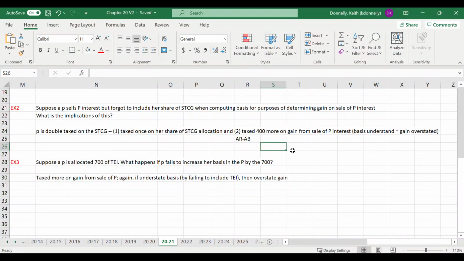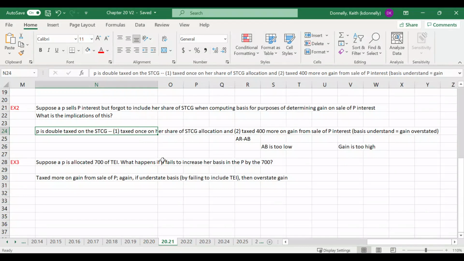In other words, the AB is too low, meaning the gain is too high, and the overage is the amount that should have been taxed as short-term capital gains. So that's the idea: we update our basis to avoid double taxation.